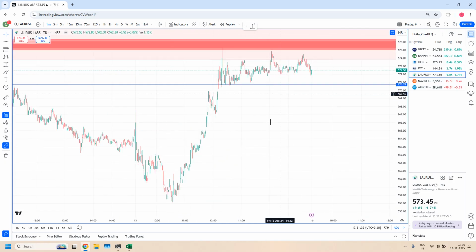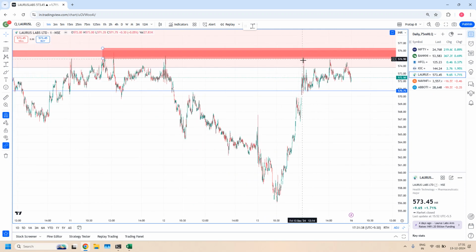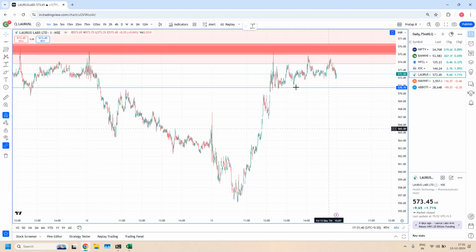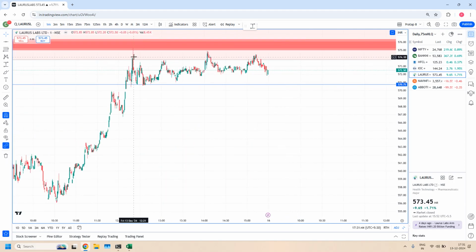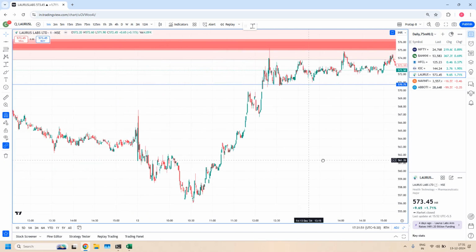Yes, including LAURUSLABS. Even though I am not considering it from the HLQ zone's performance point of view, still it gave a profit today. Some profit it gave. Definitely you might have got at least some 4% or 4.5% ROI from here to here.